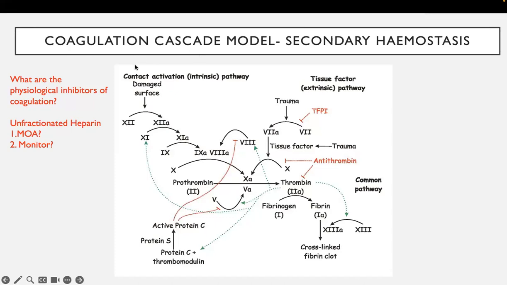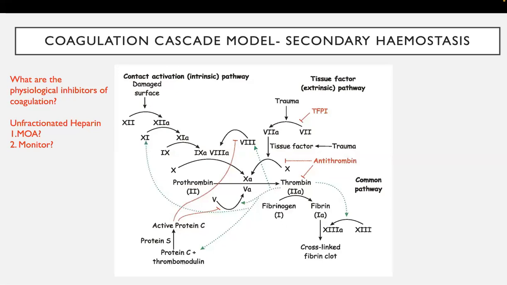I think it acts by inhibiting... no, it actually works on antithrombin 3. Good. So it potentiates the activity of antithrombin 3. Yes, good. Well done.